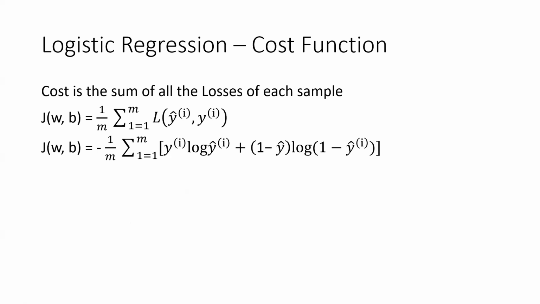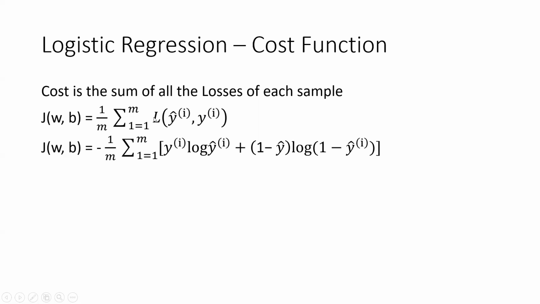So that is the loss function. In order to calculate the cost function, you have to take the sum of all the losses of each sample. Generally we take m as the number of samples. The cost is represented by J, and the parameters are given by W and B. So the cost of W and B would be the sum from i equals 1 to m of the loss of yi hat, yi.